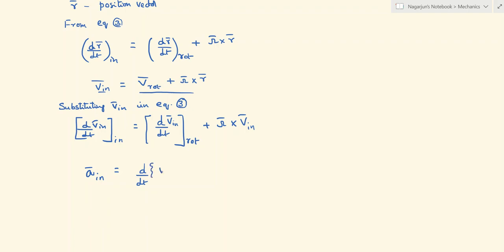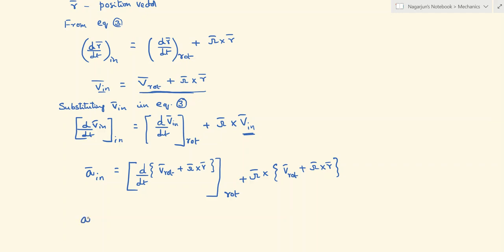So v bar rotation plus omega bar cross r bar with respect to the rotating frame plus omega bar cross, again in place of v bar in, let me substitute v bar rotation plus omega bar cross r bar.